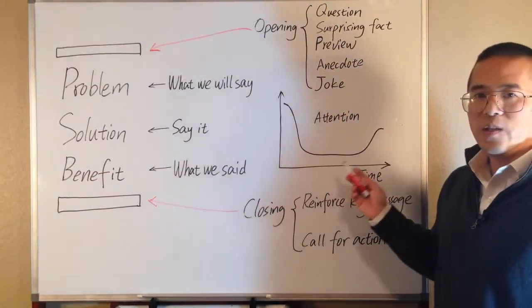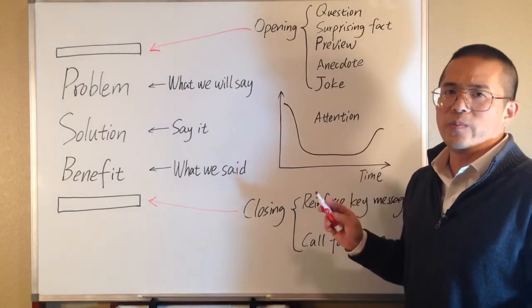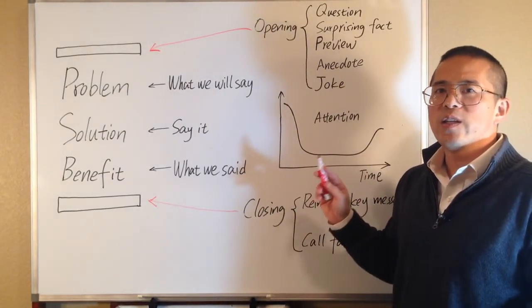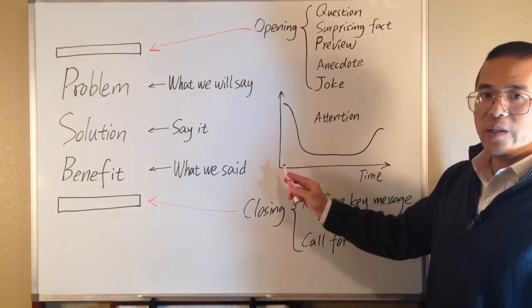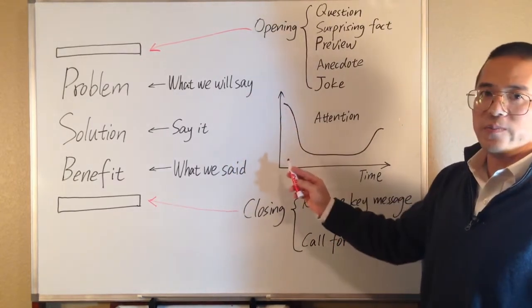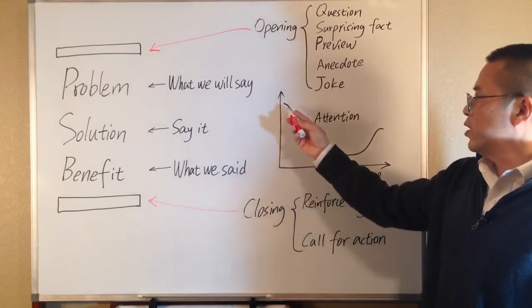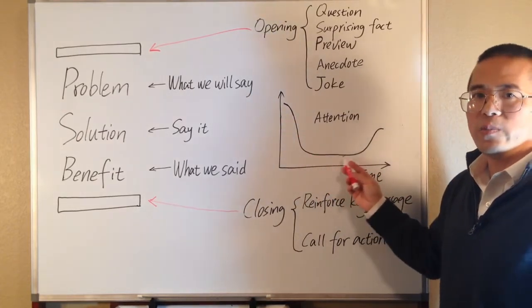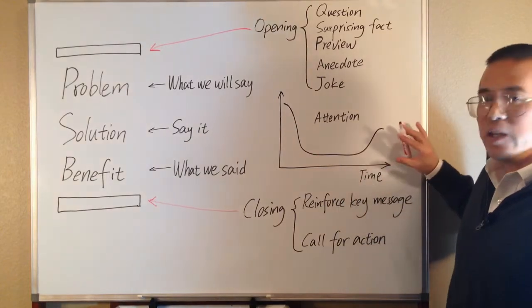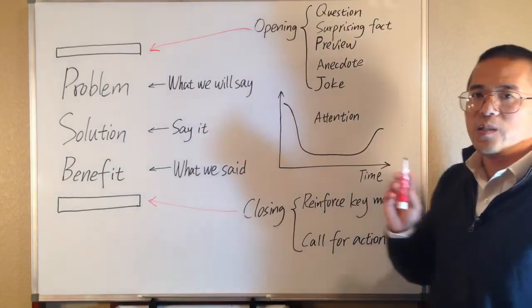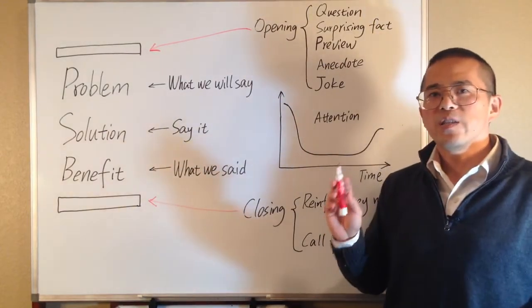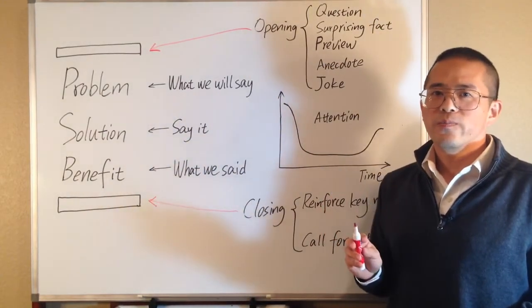This figure here shows how the average audience pay attention during a typical presentation. In the beginning, almost everyone will listen, but then the attention will drop to only 10 to 20%. At the end of the presentation, many people will start to listen again, especially when we provide a signal for our conclusion.